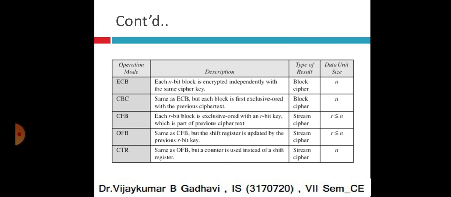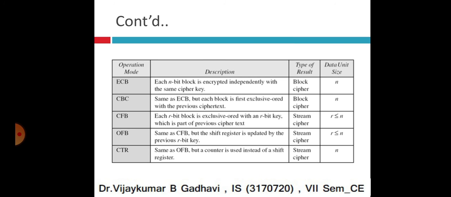Now CFB mode: each R-bit block is exclusive-ORed with an R-bit key which is a part of the previous ciphertext. Here the result is a stream cipher. A stream is a sequence of characters, numbers, symbols and various forms of data.